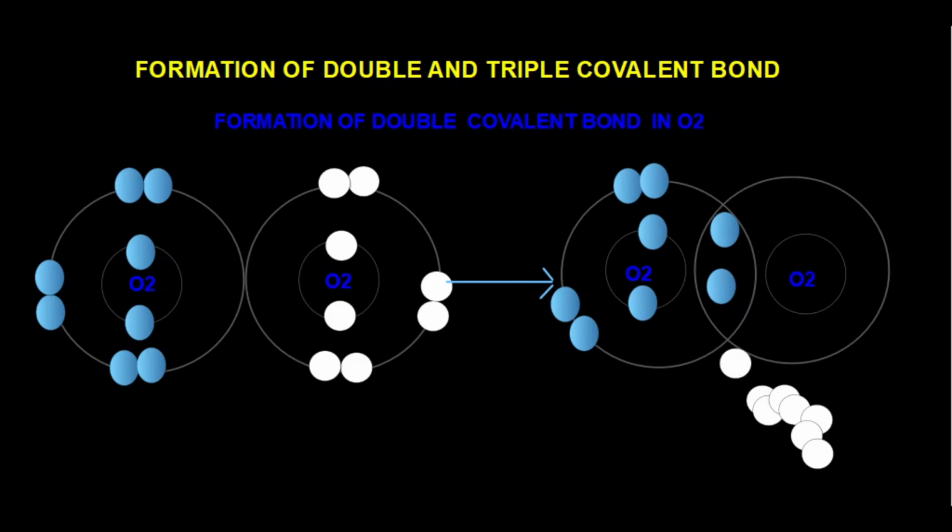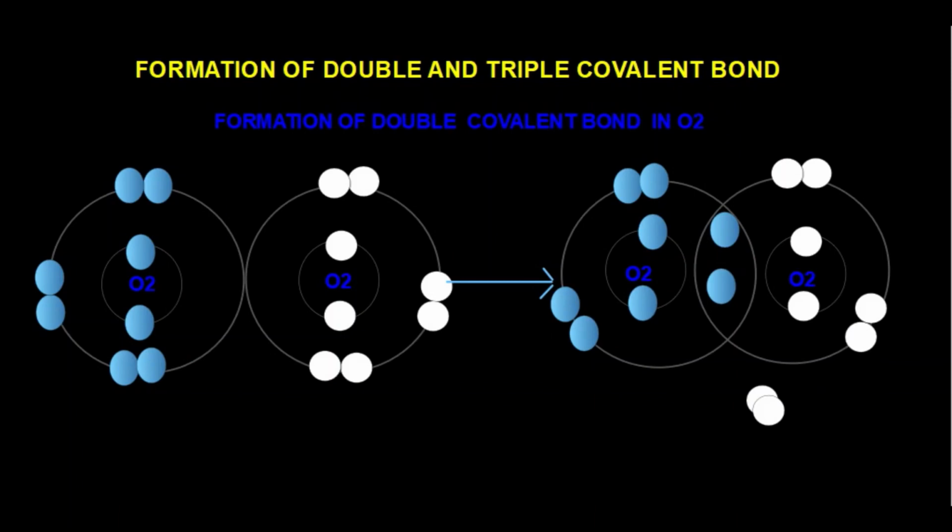Now for this oxygen atom we also place 2 electrons in its K shell. 1, 2, 3, 4, 5, 6, 7, 8. So in this way, each oxygen atom contributes 2 electrons for sharing to form a double covalent bond between oxygen atoms. I hope formation of double covalent bond in oxygen molecule is clear to you.